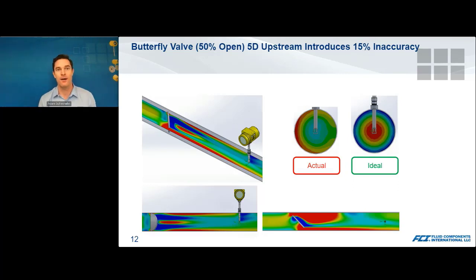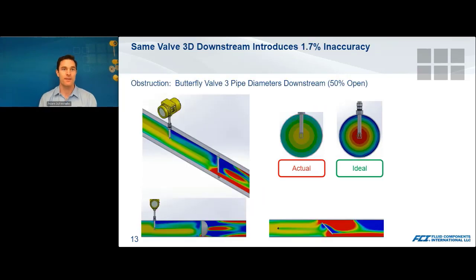So a butterfly valve 5 diameters upstream will introduce 15% additional inaccuracy. That same butterfly valve 3 diameters downstream, again, you see this trend of downstream versus upstream. It will still introduce an inaccuracy, but in this case, it will only introduce a 1.7% inaccuracy.